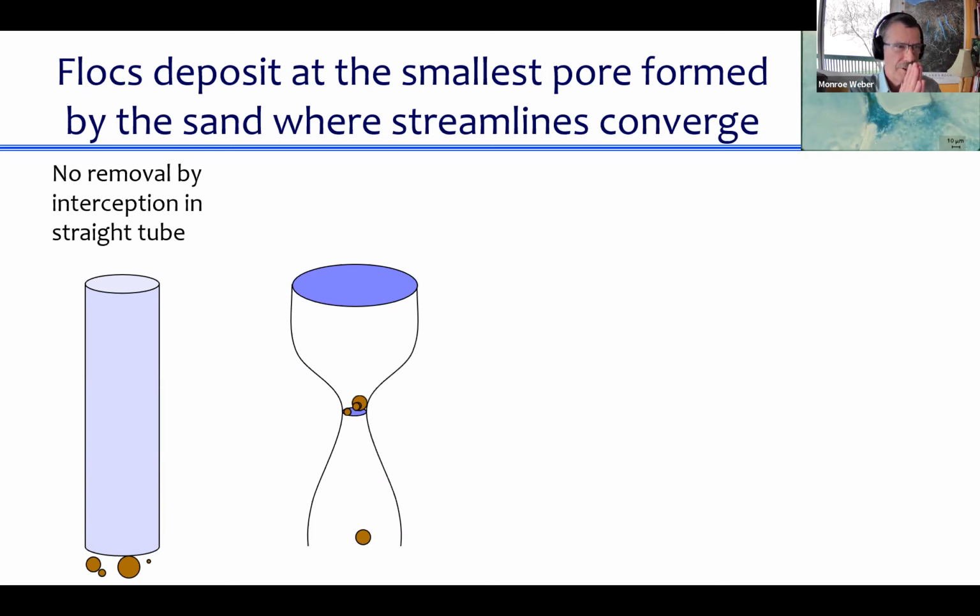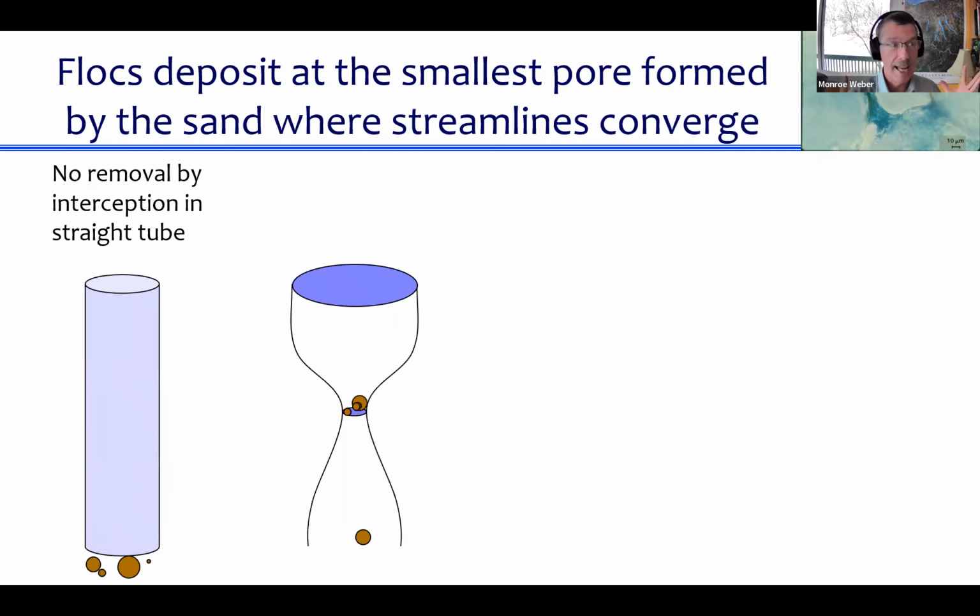You can only imagine this, right? You imagine you're flying down a tube and the tube gets constricted and it's still big enough for you to go through, but you end up hitting the wall at the constriction because you were going straight down through a section and the streamlines converged and you end up hitting that wall. So that's what's happening to these particles.